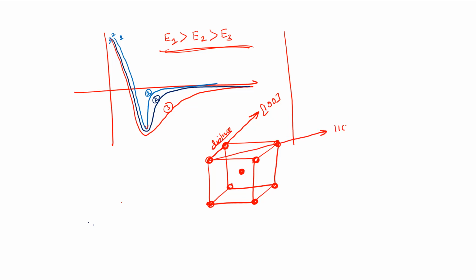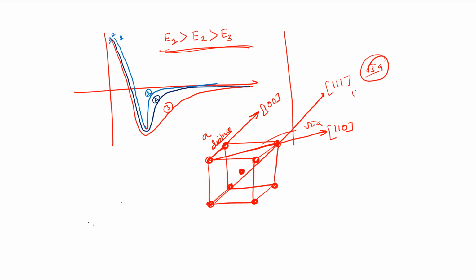So this is of type 110, right? Here the distance will be like a, but here the distance is root 2a, and the next one is of type 111. So here the distance will be of this nature.